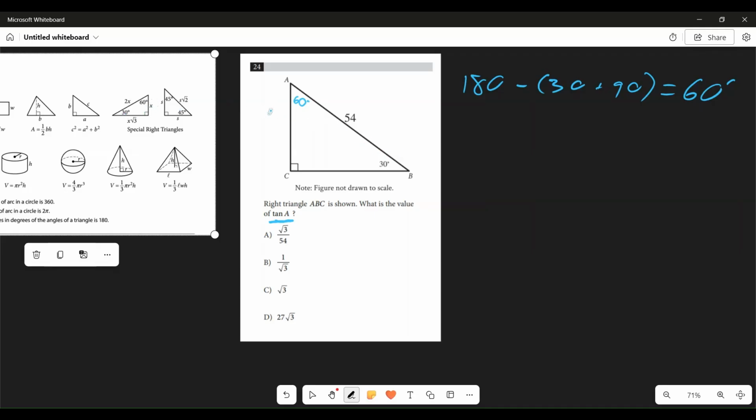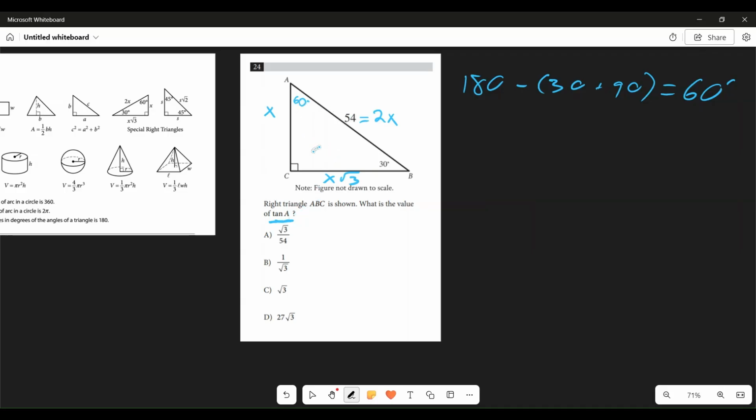So this is our side that is x, and then this side is going to be x root 3. And this side is going to be 2x, which is equal to 54. So now we can figure out the lengths of this triangle, and once we know the lengths, we can figure out what tan A is.